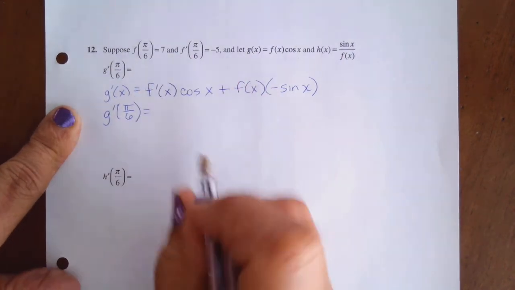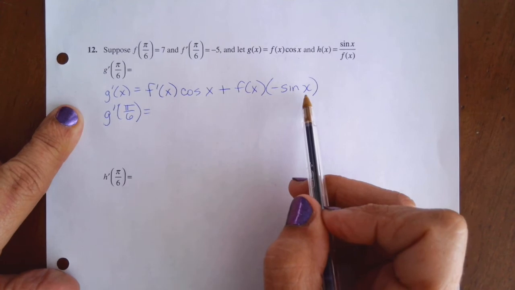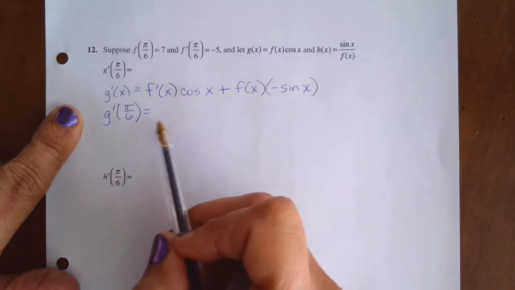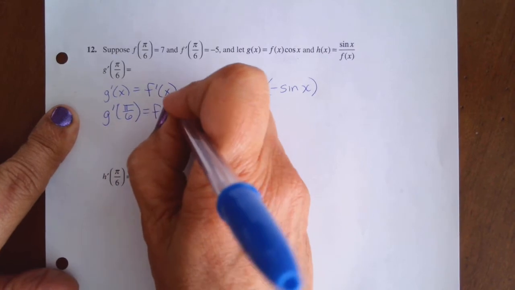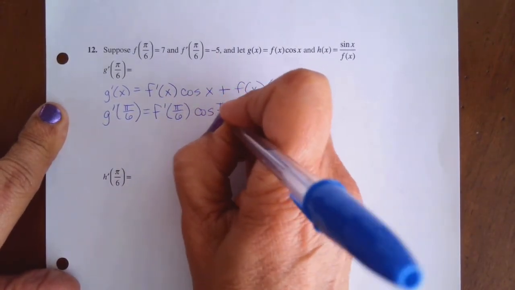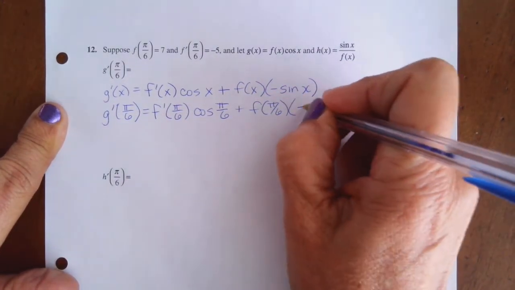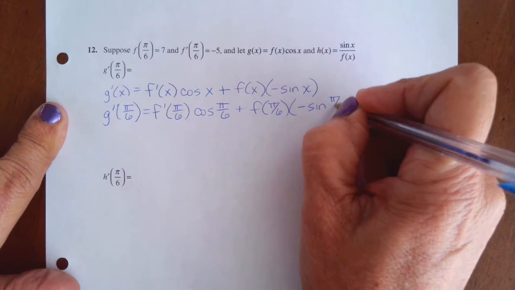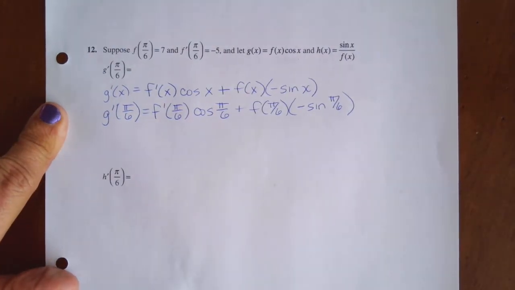So again, you don't have to do this middle step, but I think it's helpful for some of you just to kind of be consistent and not let these numbers throw you off. All right, so all I have to do now is substitute in pi over 6 for every x. So just substituting in all of those for x, pi over 6.